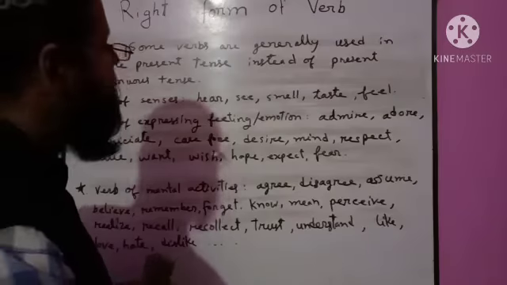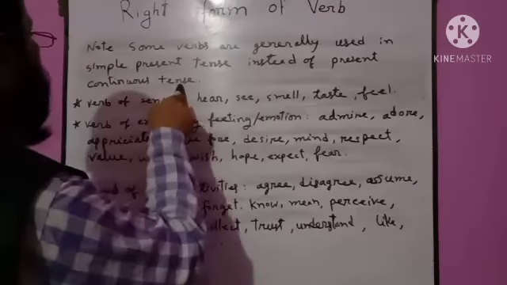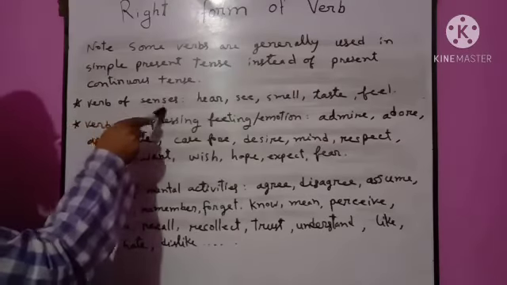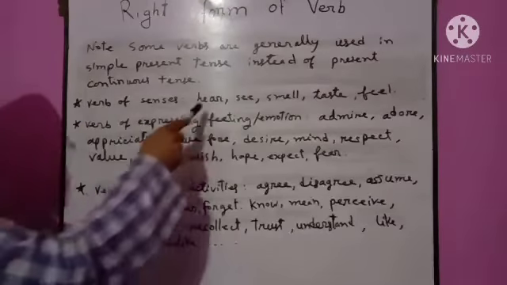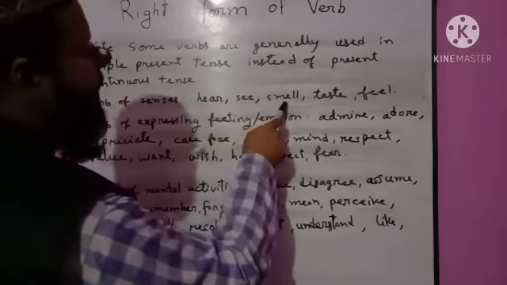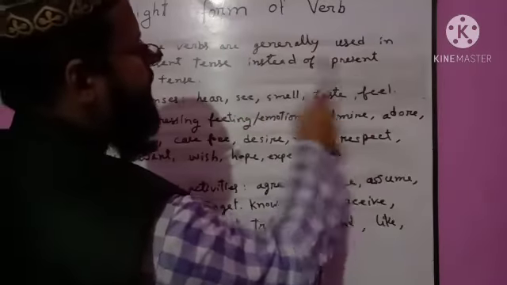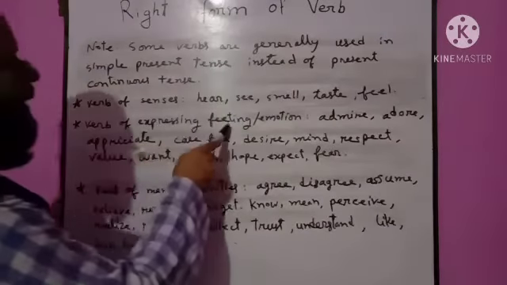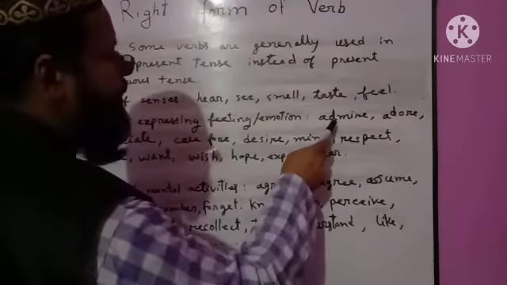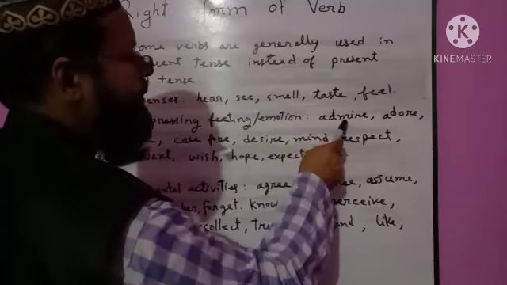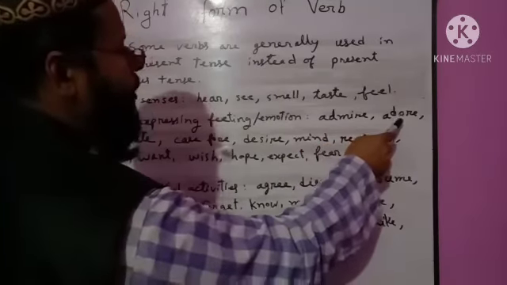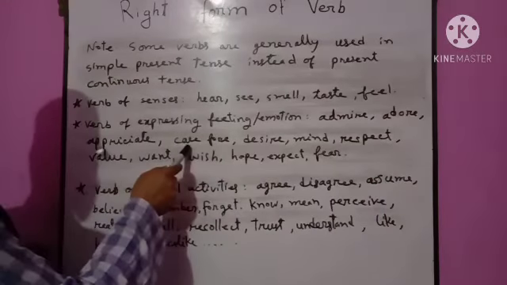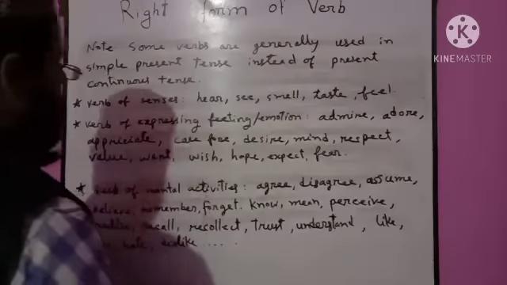Then we should use these verbs in simple present tense. The verbs of senses: hear, see, smell, taste, and feel. Then verbs expressing feeling or emotion, such as admire, adore, appreciate, care for.